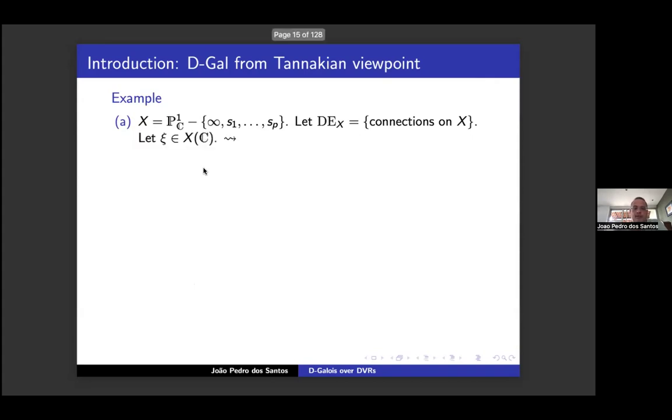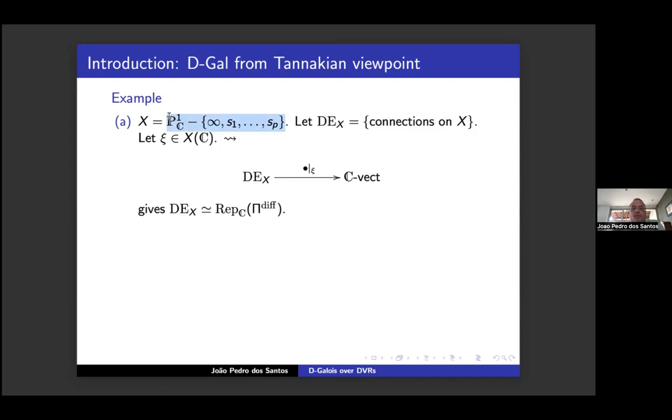I turn on the machine and pick a point, and I have this functor psi, which associates to any differential equation, so connections just means that I take a coherent sheaf, or if you're more used to it, a module over the ring of functions, which happens here, since this is an affine space.